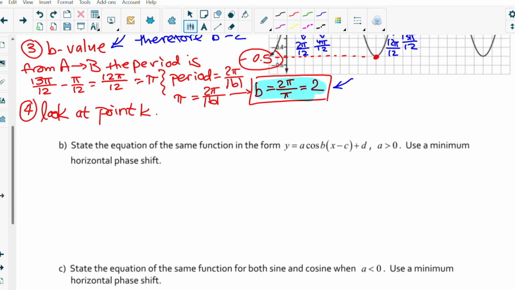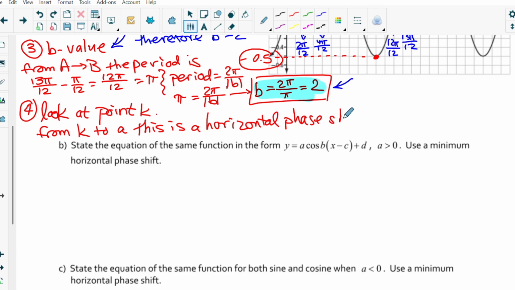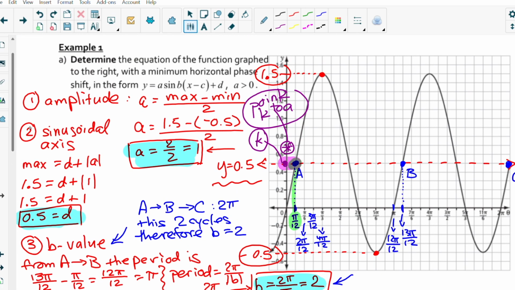Okay, look at point K. From K to A, this is a horizontal phase shift of how many units, right?